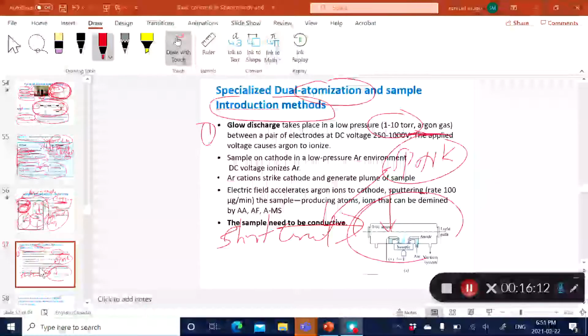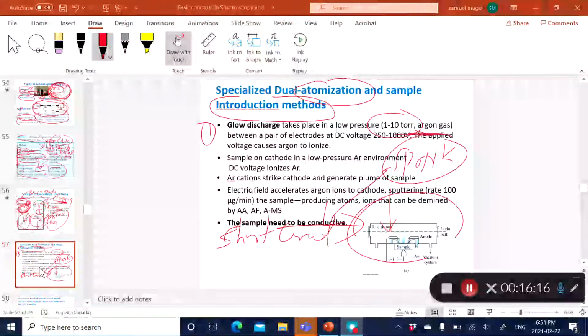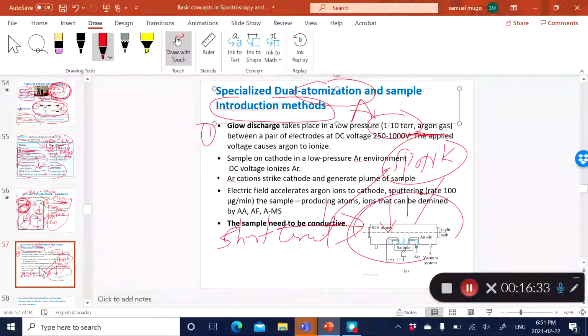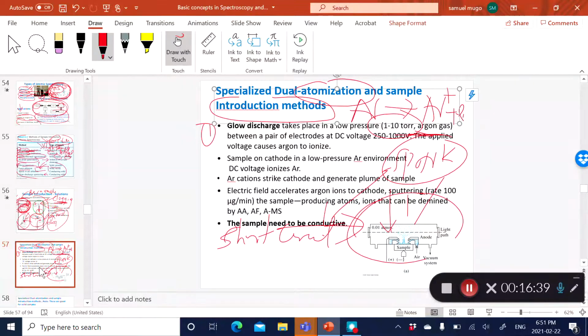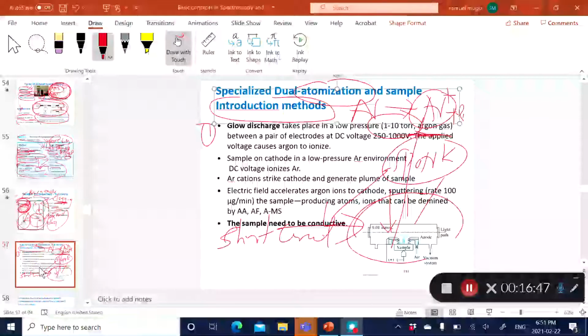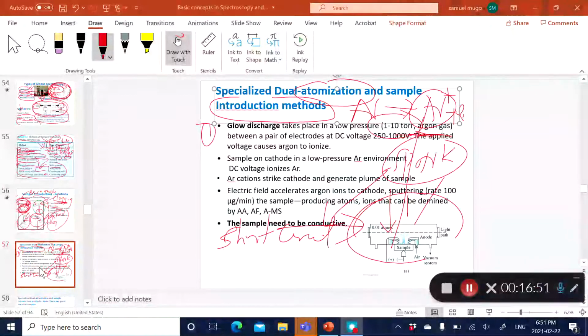All right. Now, another way that you can operate this system is by applying a voltage on the gas inside. When you apply a voltage, say on the anode, it can cause the ionization of the argon gas. So the argon gas is ionized to make argon cations. The argon cations can be accelerated to the negatively charged cathode, and that causes the sputtering effect.